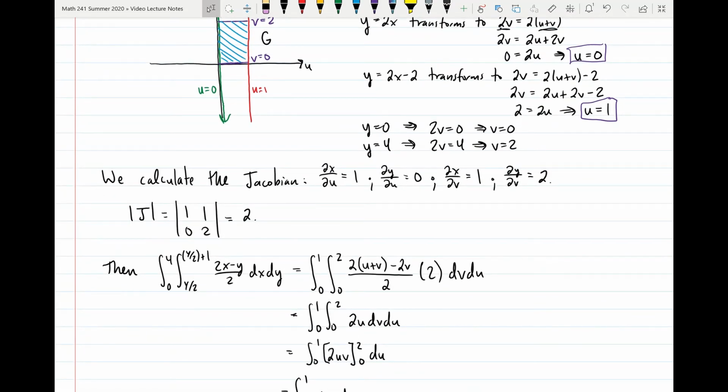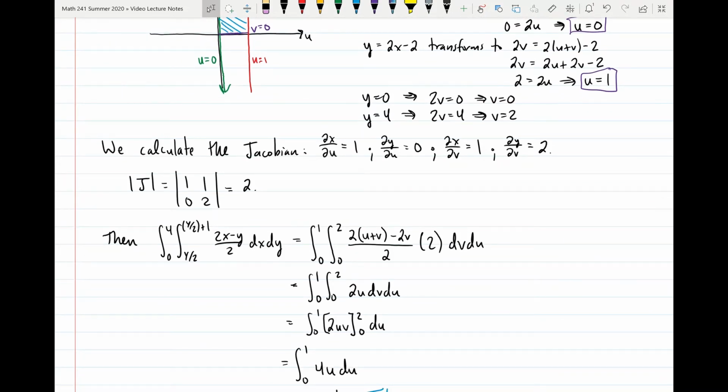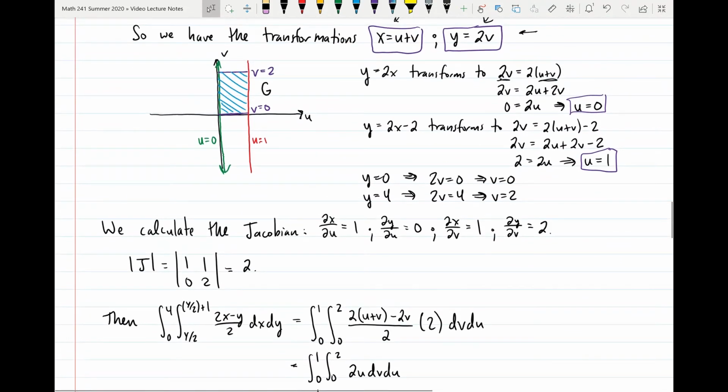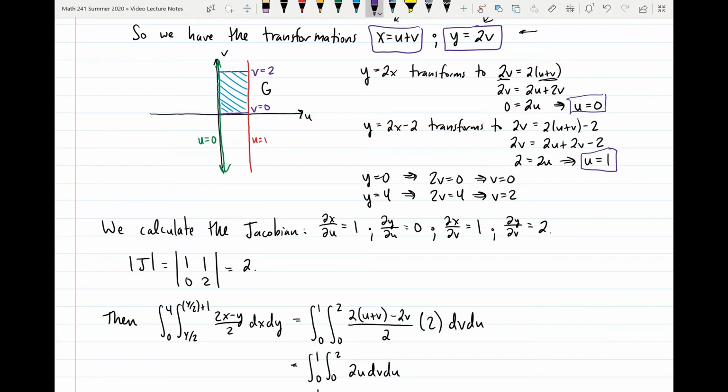So next we want to calculate the Jacobian, and then after we have the Jacobian we can finally set up our integral. So for the Jacobian we need all of the different partial derivatives. So we have partial x with respect to u is just going to equal 1 because x is equal to u plus v. Partial y with respect to u is equal to 0. Partial x with respect to v is equal to 1.